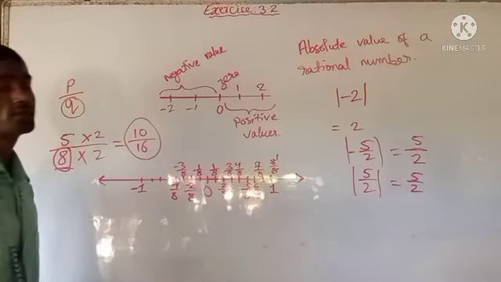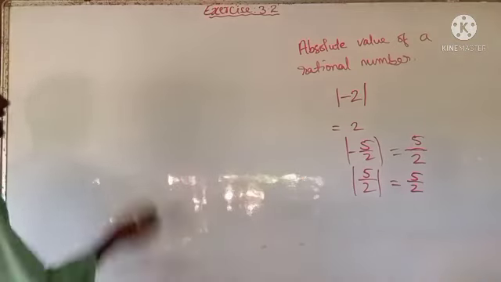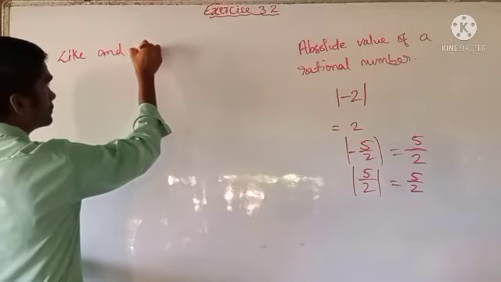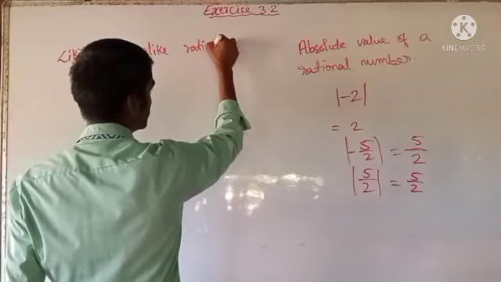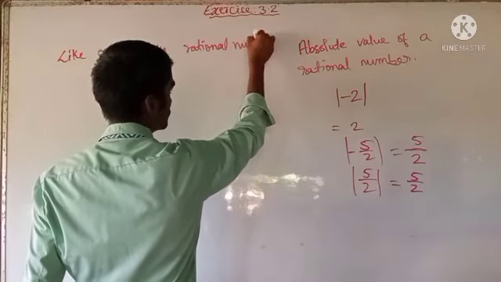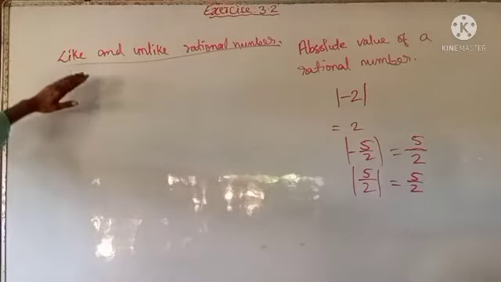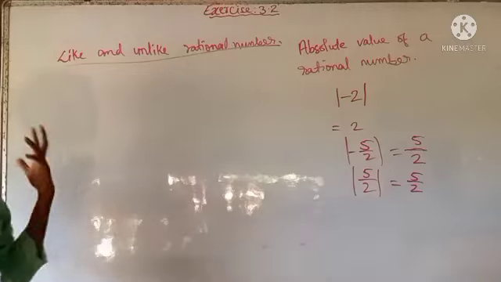The next thing that we are going to discuss is like and unlike rational numbers. Now what is meant by like and unlike rational numbers? Like rational numbers are those where the denominators are the same.